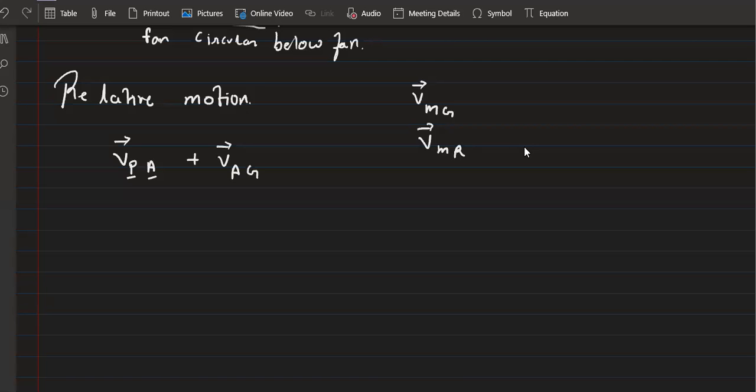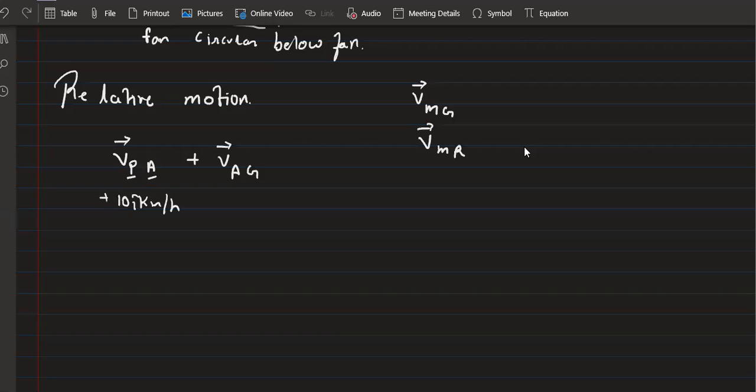Suppose this is velocity of Prahlad with respect to Avaar. Magnitude wise, this is 10 kilometer per hour with respect to Avaar. Now Avaar is in the positive i-axis direction.